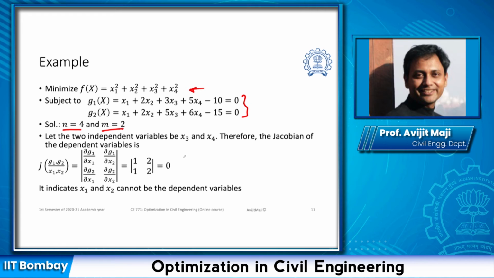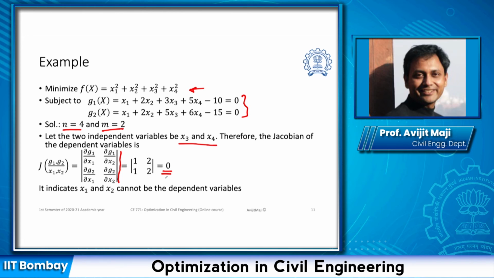In the first case, we assume that x3 and x4 are going to be the independent variables, and if we consider these two variables as independent, we can write the Jacobian of the dependent variables as this, and if we find the values of these partial derivatives and find the determinant, we'll find that the determinant is going to be 0.